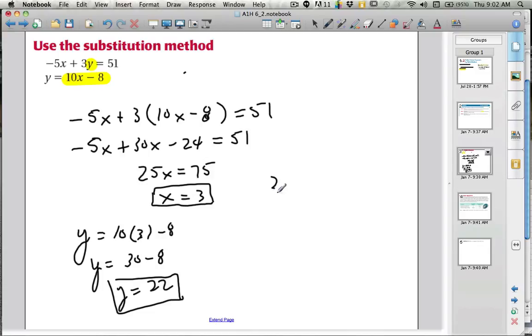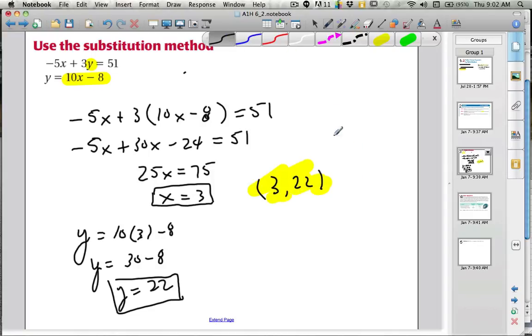So my solution is (3, 22). If I wanted to check the work, I'm not going to do this now, I would take the x coordinate and the y coordinate, plug it back into the two equations to see if I get true statements.